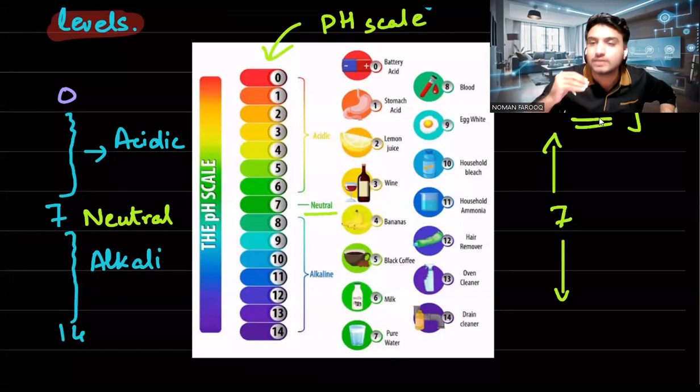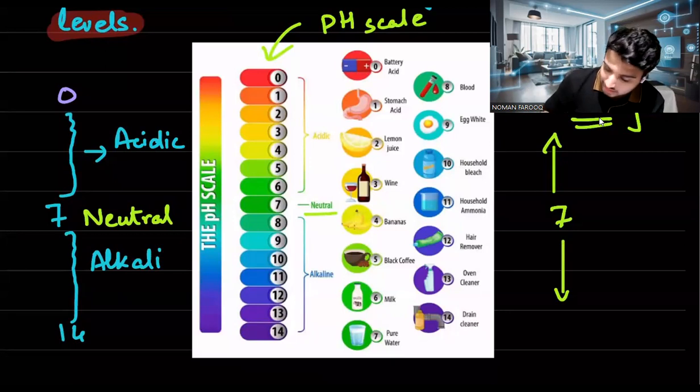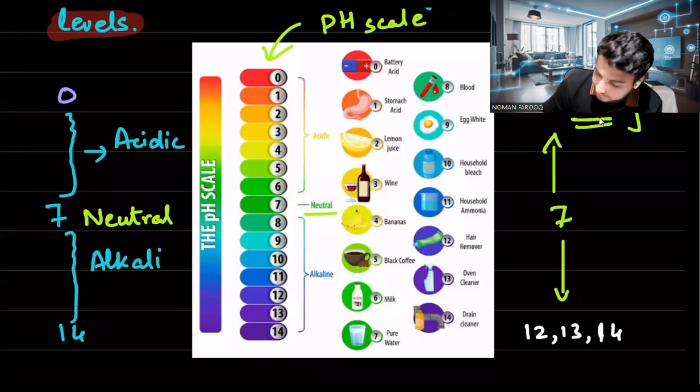So it is more acidic at 0, 1, 2 than at 5, 6. 5, 6 is a weak acid as it is nearer to 7. Likewise 8, 9 is a weak alkali as it is nearer to 7. But if it is 13, 14, or even 12, then it would be considered a strong alkali.